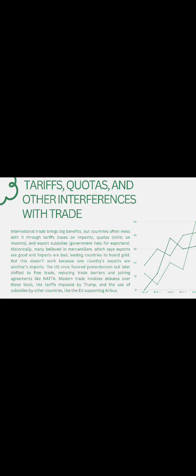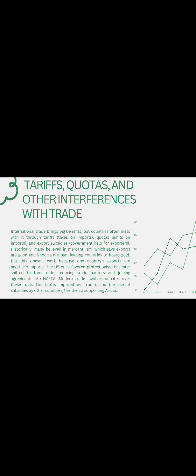The US once favored protectionism but later shifted to free trade, reducing trade barriers and joining agreements like NAFTA. Modern trade involves debate over tools like the tariffs imposed by Trump and the use of subsidies by other countries, like the EU supporting Airbus.